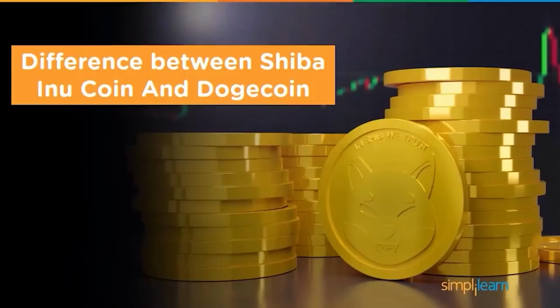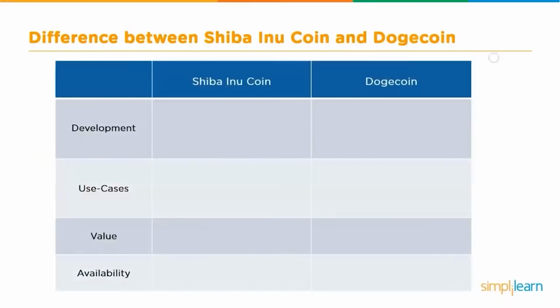But what is the difference between Shiba Inu coin and Dogecoin? Although both Shiba Inu coin and Dogecoin are meme coins and share the same tree of origin, both of them differ a lot from each other at the same time. And the very first difference between them is that Shiba Inu coin is a token and Dogecoin is a currency. Let's have a look at more of those major differences. First is development.